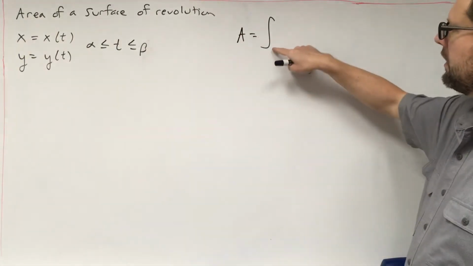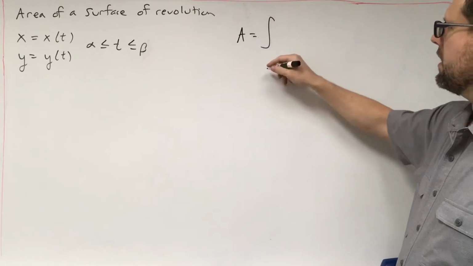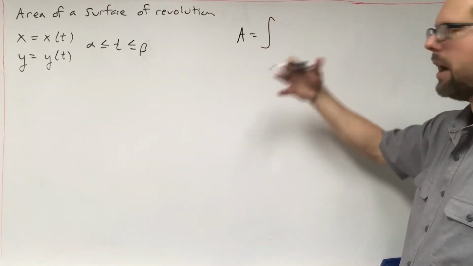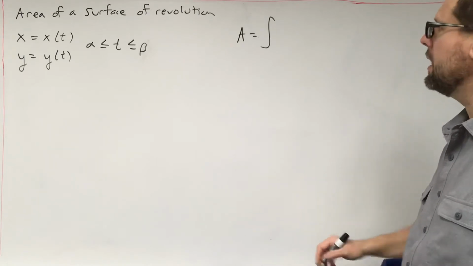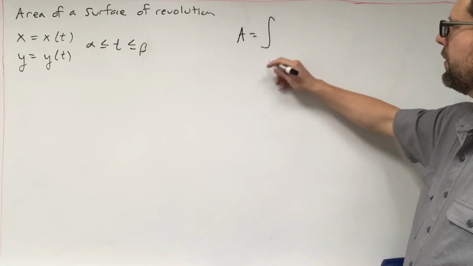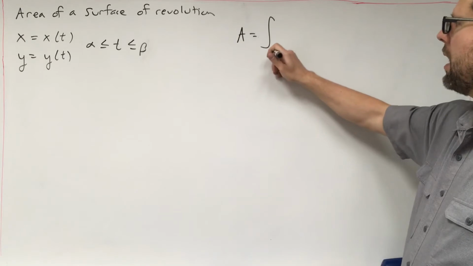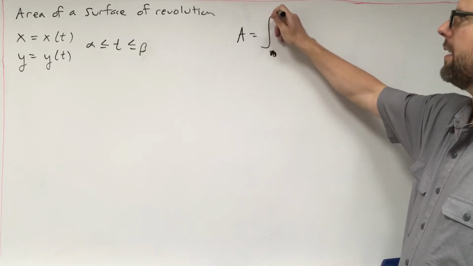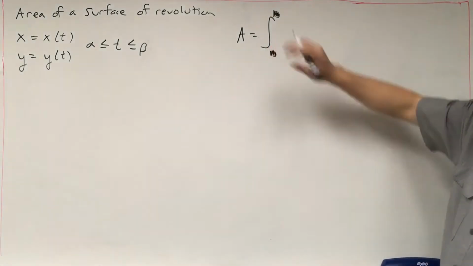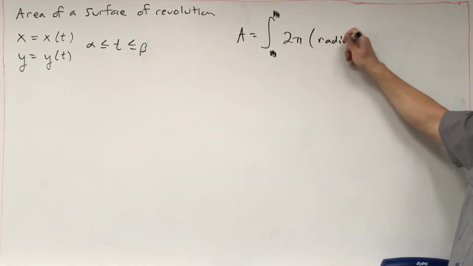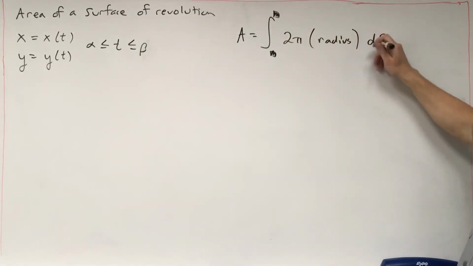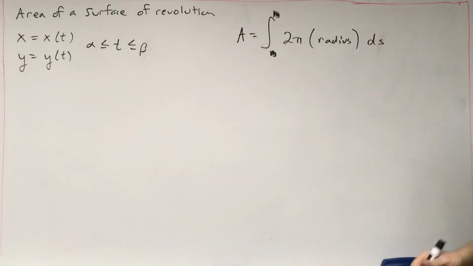I'm even going to leave these limits undefined because there'll be times when we want those to be t values or x values or even y values. So I'm going to leave those open. Maybe I'll put some boxes just so we don't think it's an indefinite integral. So we're going to have an integral, and we have 2 pi times the radius, and then ds. Okay, so that's the general idea.